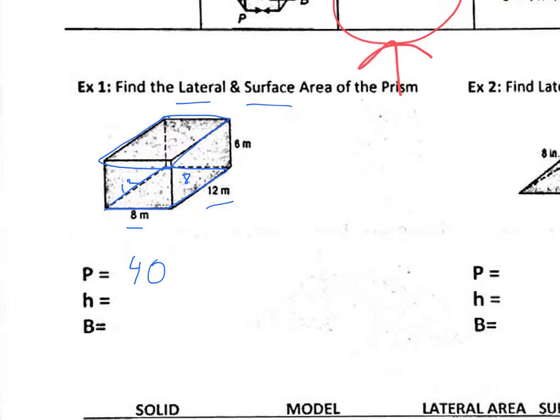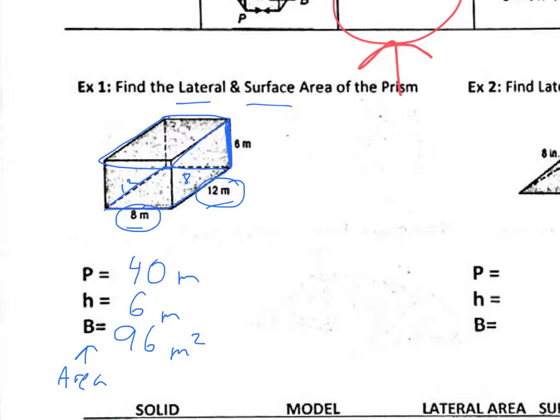The height is the distance between the two bases, which in this case is 6. Capital B is the area of the base, which if it's a rectangle, I multiply the length times the width. 8 times 12 is 96. We're talking meters. Area is going to be square meters.